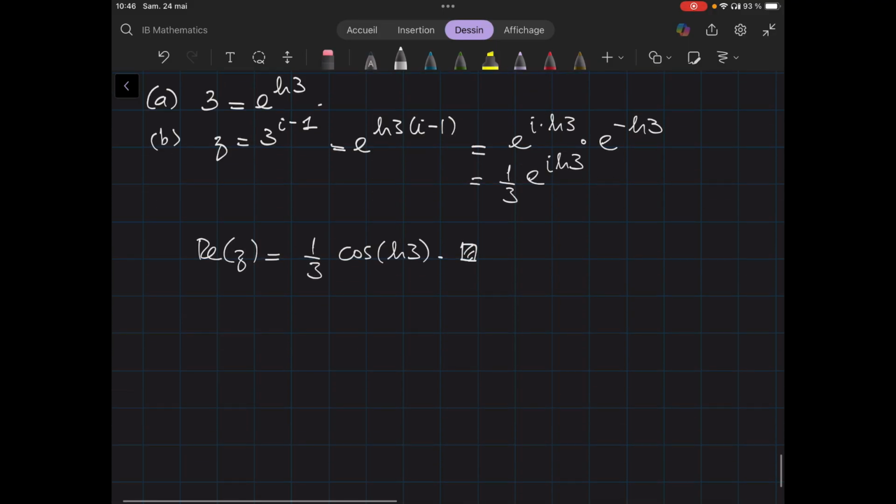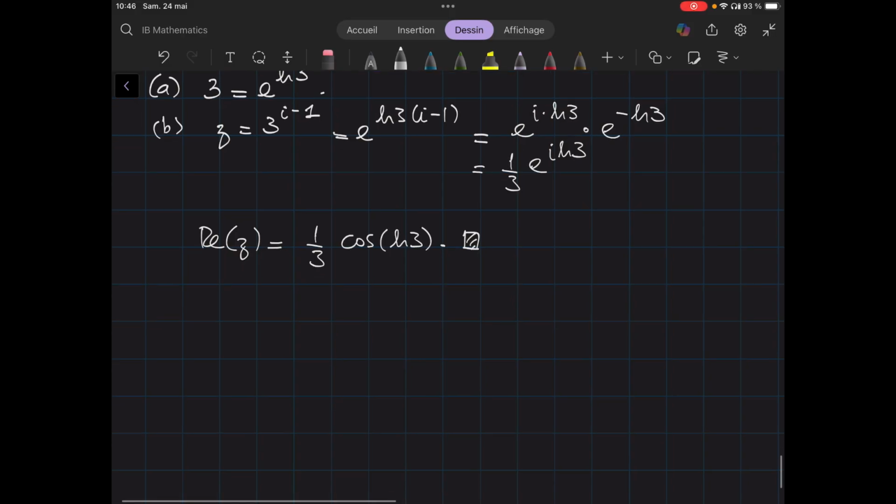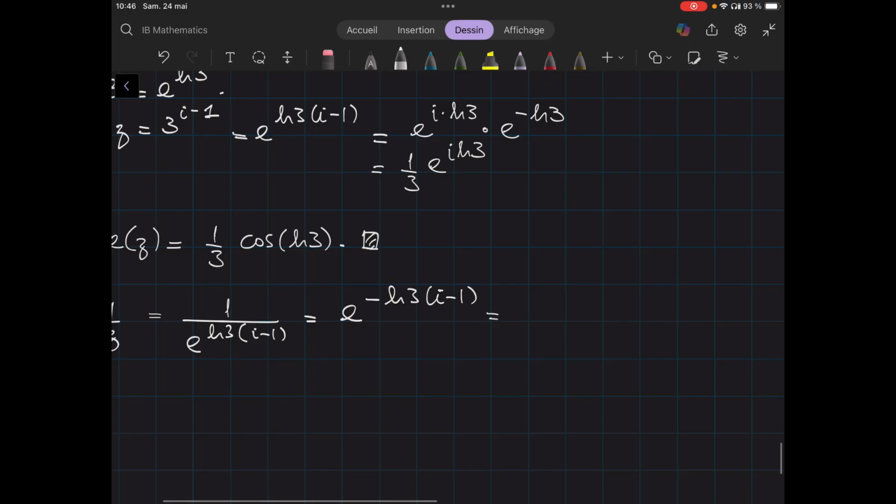The second part of the question concerns the complex number 1 over z. 1 over z is therefore 1 over e to the ln 3 of (i minus 1), which is e to the negative ln 3 of (i minus 1), which is e to the i ln of 1/3 plus ln 3, which is e to the ln 3 times e to the i ln of 1/3.